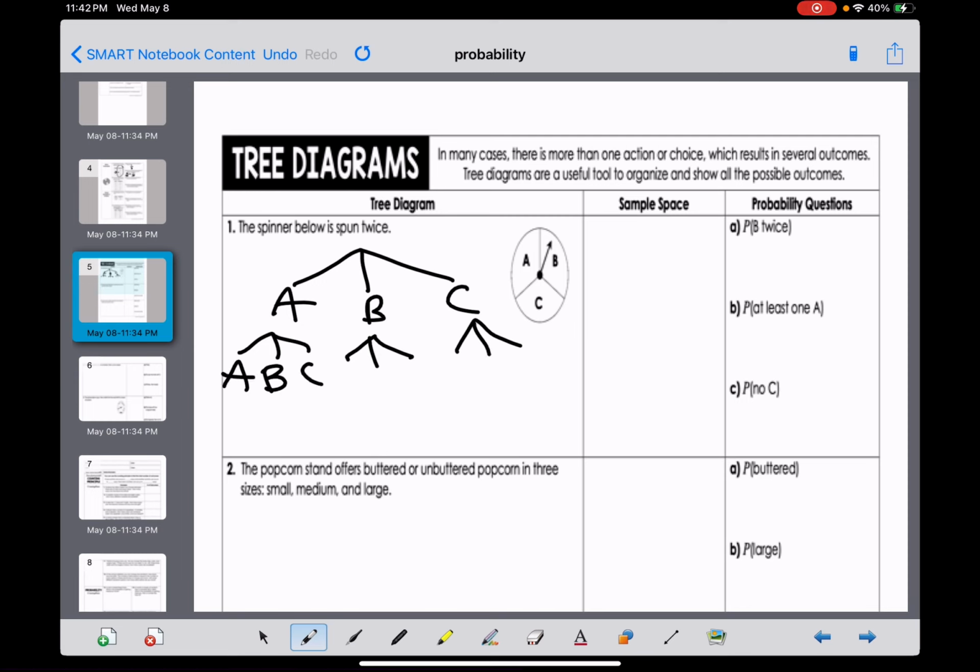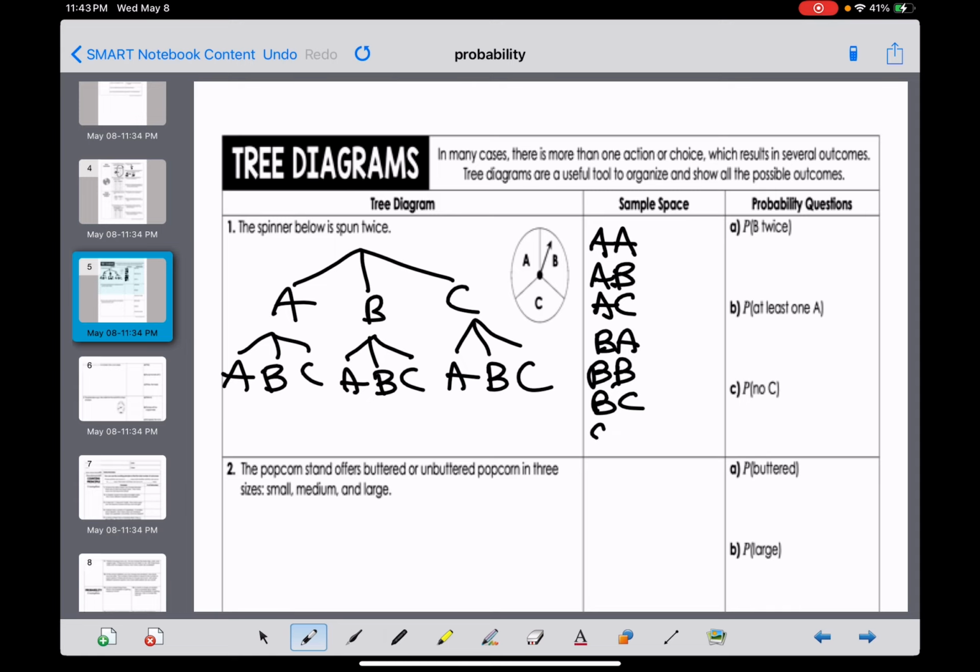So the second time could also be A, B, C, A, B, C, A, B, C. So the total options for your sample space are AA, AB, AC, BA, BB, BC, CA, CB, or CC. Those are the braces. So that's the sample space, all the possible options you could have in this tree diagram.